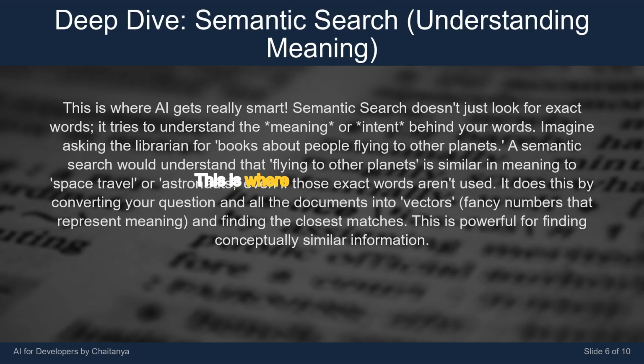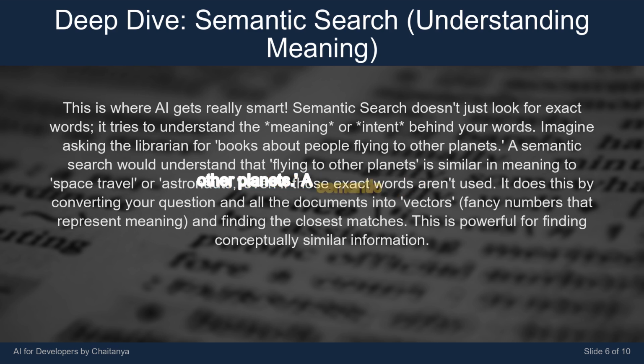This is where AI gets really smart. Semantic search doesn't just look for exact words. It tries to understand the meaning or intent behind your words. Imagine asking the librarian for books about people flying to other planets.